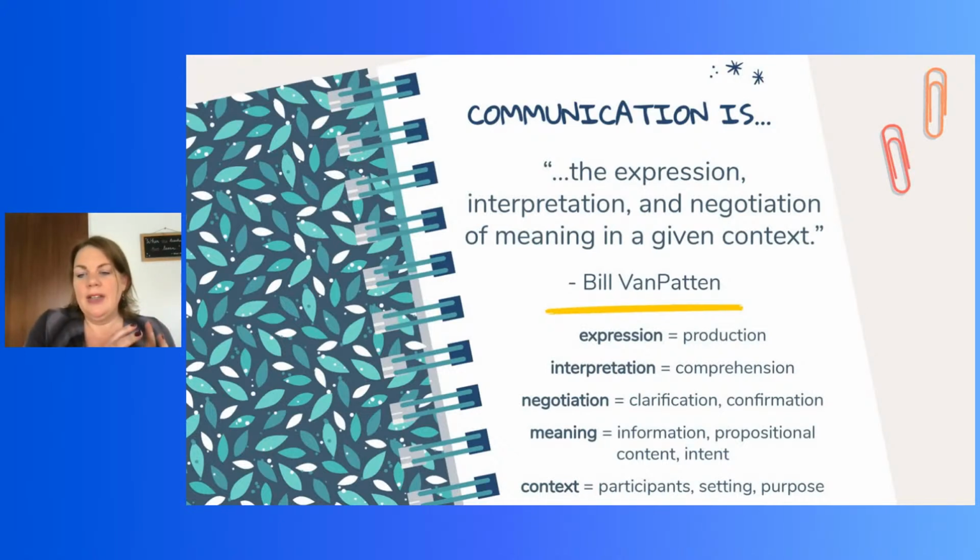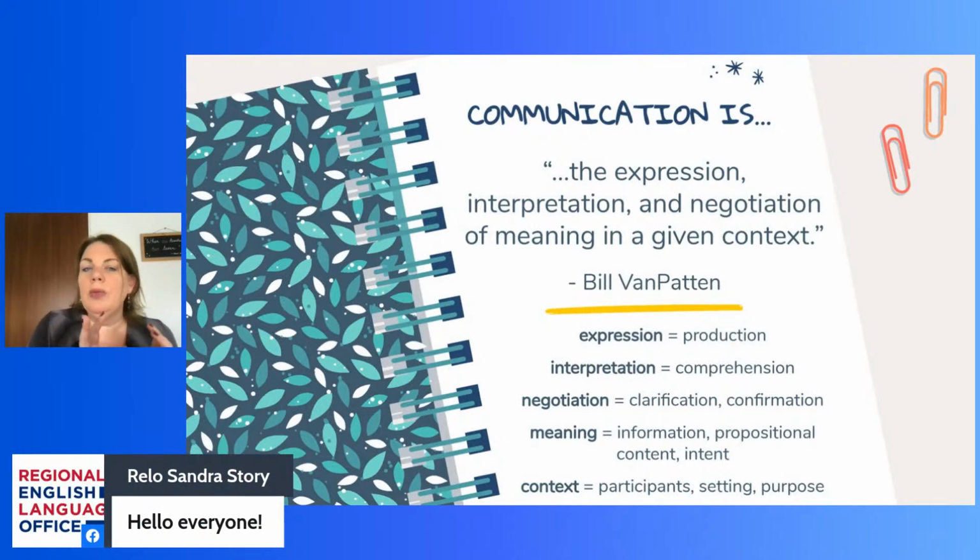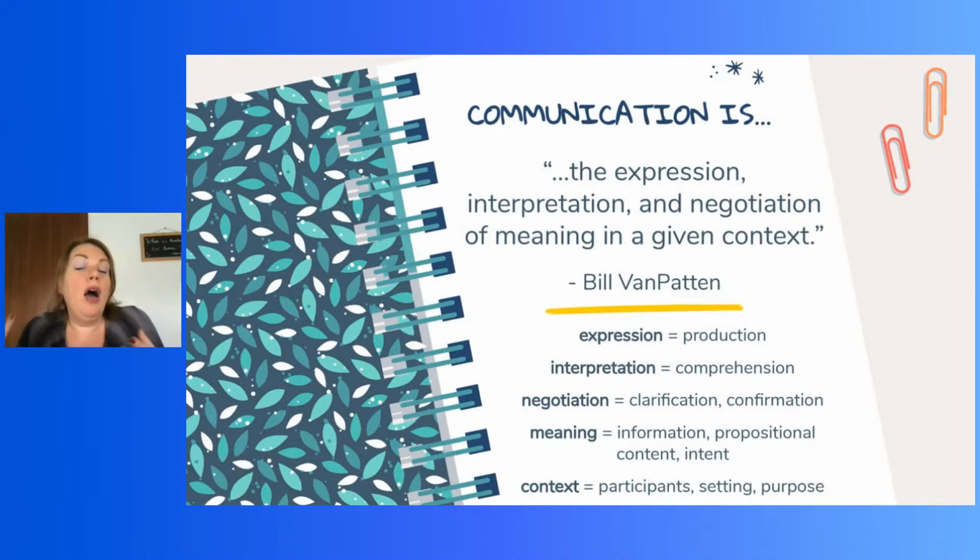We have to break down this definition, right? So we have the word expression. Here, when we talk about expression, we're referring to our students' production, right? So this is speaking, also writing, because that's also production. Interpretation in this definition means comprehension. That means comprehending spoken language and also written language.